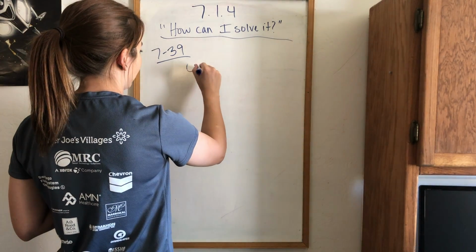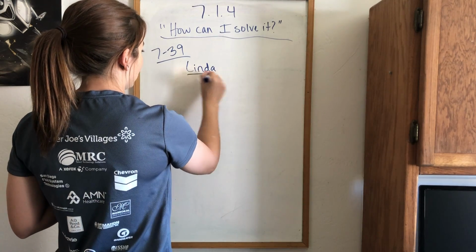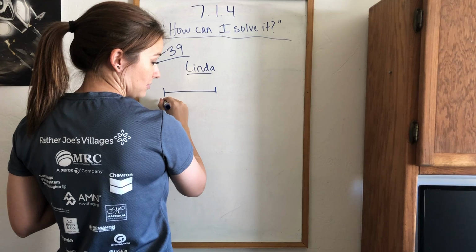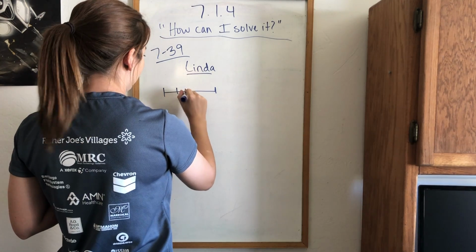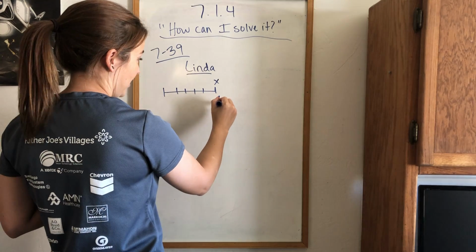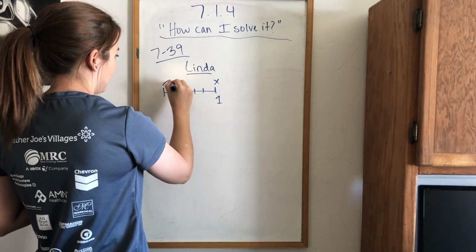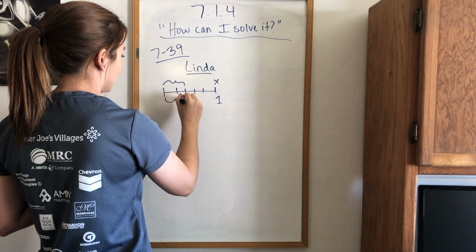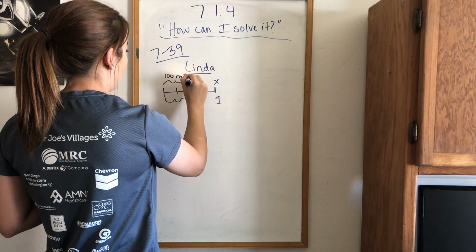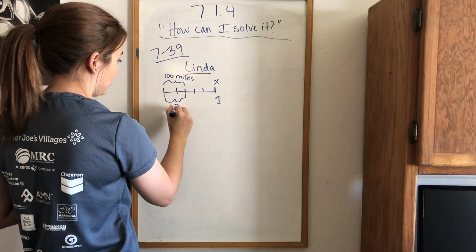Linda's method, here's what Linda said, and she's got her linear model, and it's got 4 dashes, an X, a 1, and then she's got the little bracket. I can't do it on the bottom, sorry, I'm not artistically inclined. 100 miles and 2/5.